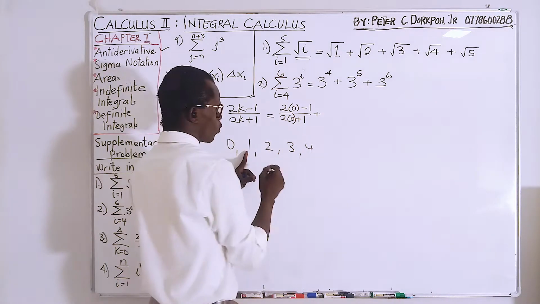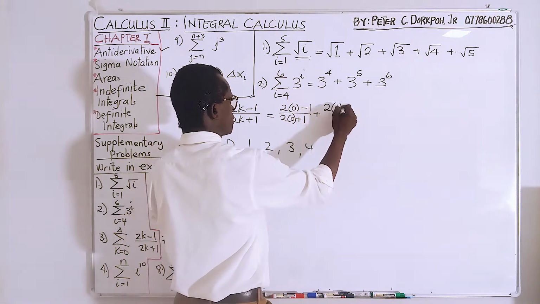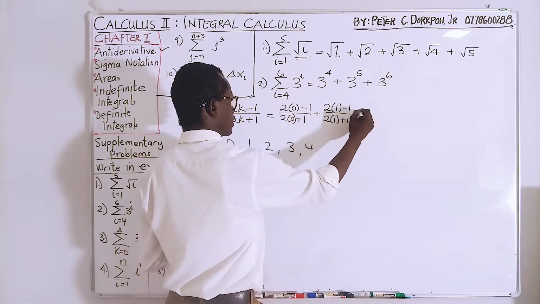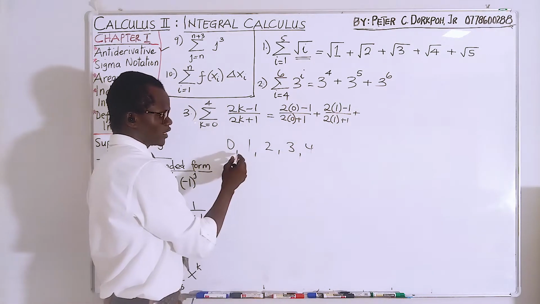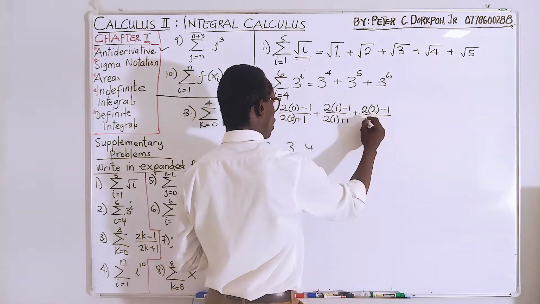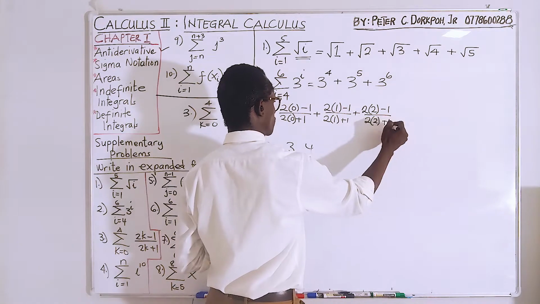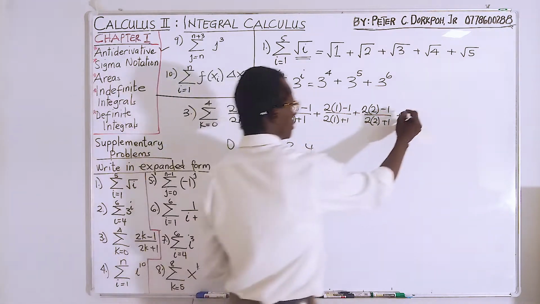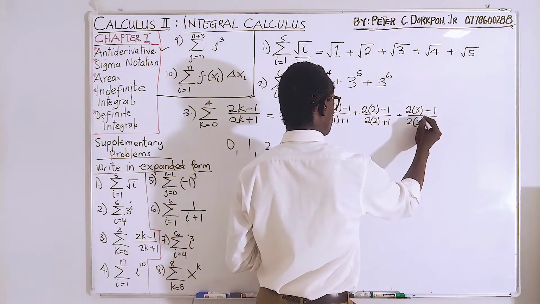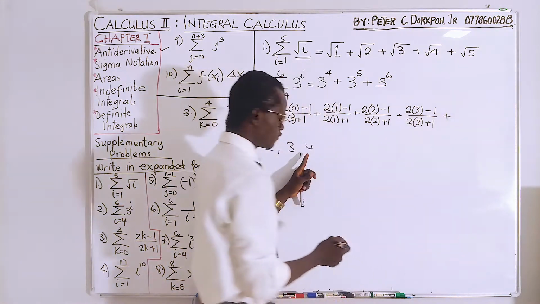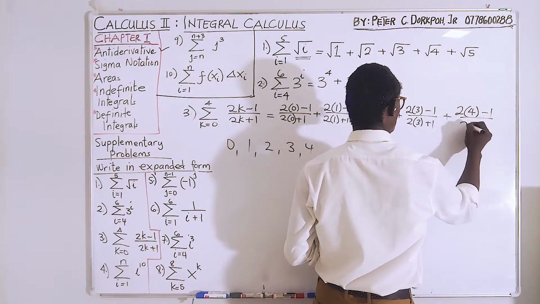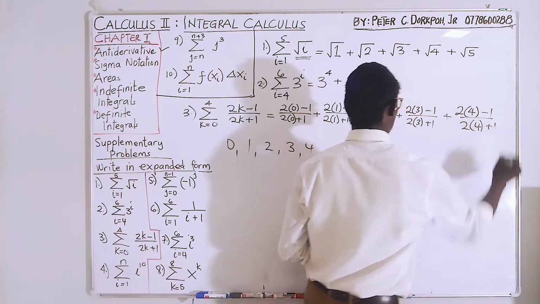From 0 we move to 1. So you have 2 times 1 minus 1 all over 2 times 1 plus 1. From 1 again we move to 2. We have 2 times 2 minus 1 all over 2 times 2 plus 1. We move to 3. 2 times 3 minus 1, 2 times 3 plus 1. And then lastly we move to 4. 2 times 4 minus 1, 2 times 4 plus 1.